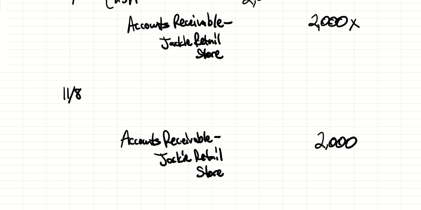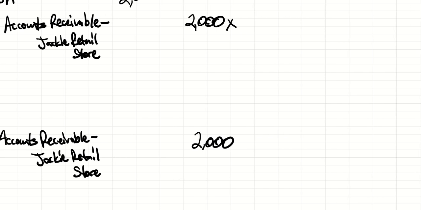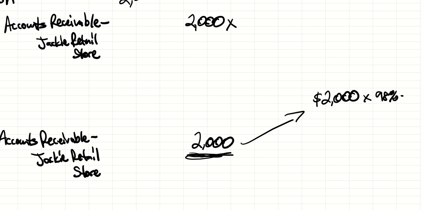Second thing you need to do is figure out what the discount is going to be. That's going to be applied to the cash that was received. So the discount is going to be calculated from this 2,000 here. You can either multiply 2,000 by 98% to get 1,960, or take 2,000, multiply it by 2% to get $40.